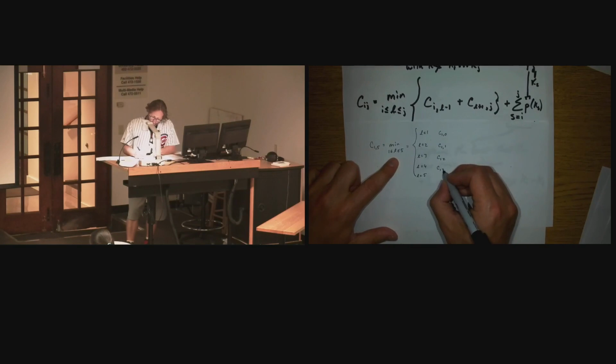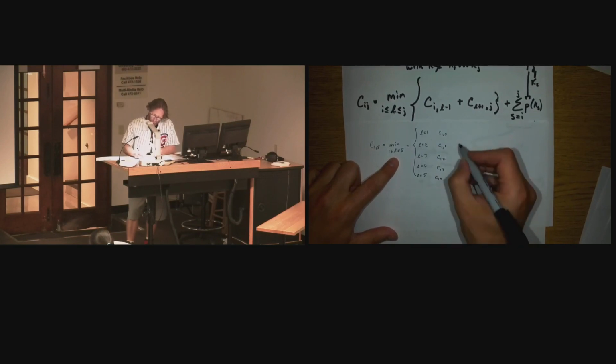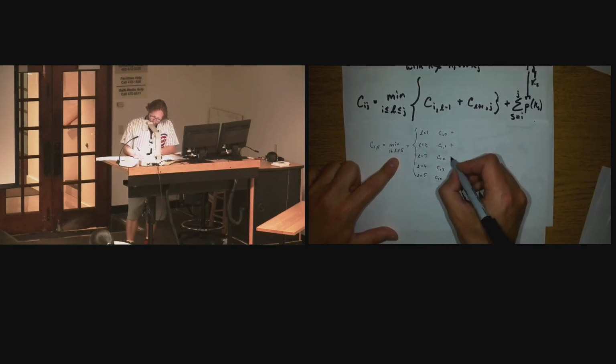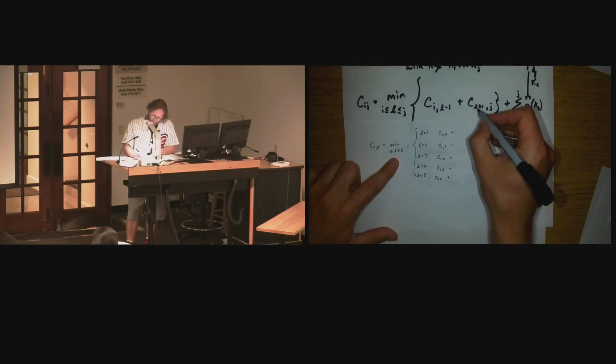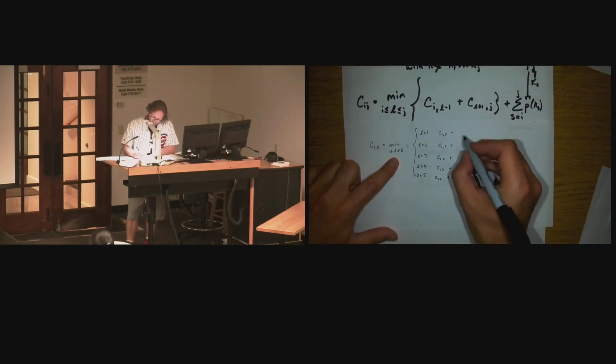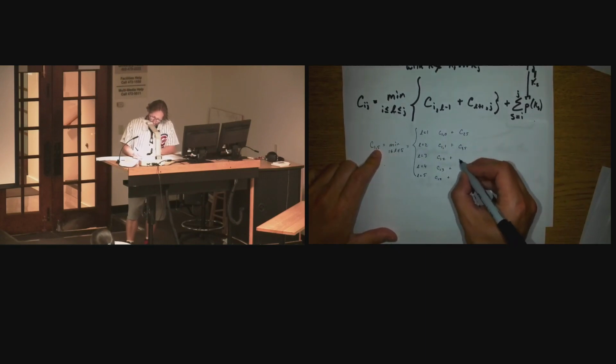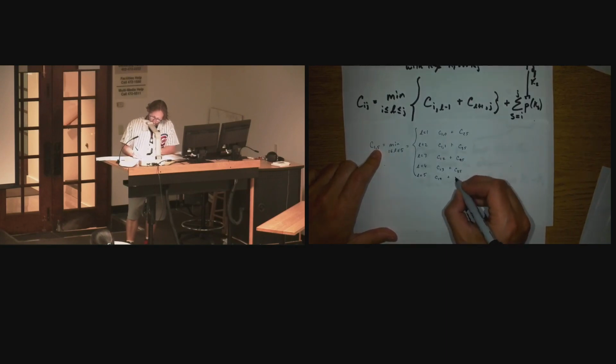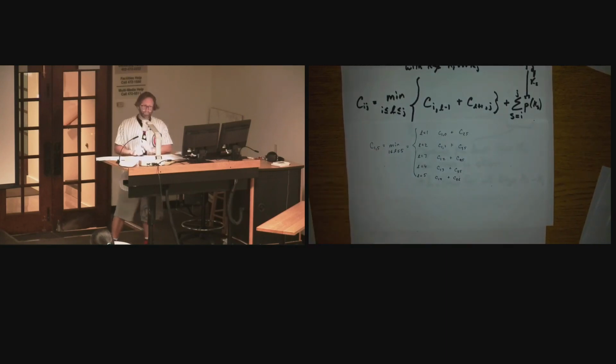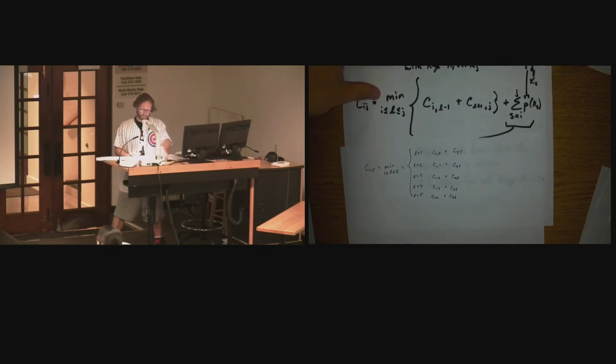C sub 1, 3. C sub 1, 4. Plus. And then what are these values? This is L plus 1, so C sub 2. And then J is fixed to be 5. C sub 3, 5. C sub 4, 5. C sub 5, 5. And C sub 5, 6. Okay? And again, all of those are just table lookups.